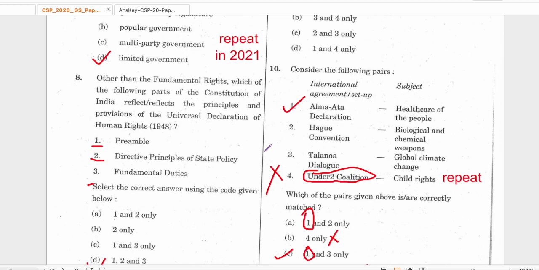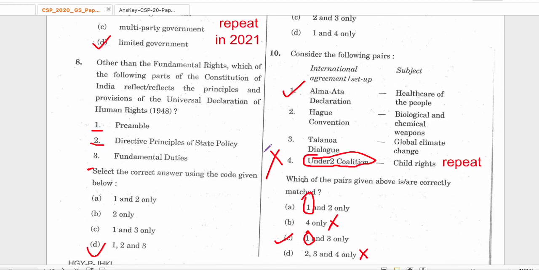Now, directive principles of state policy also talk about certain rights, certain provisions for women, for the elderly, for the specially abled, for the children. So these are inherently part of human rights. So DPSP will also be there.